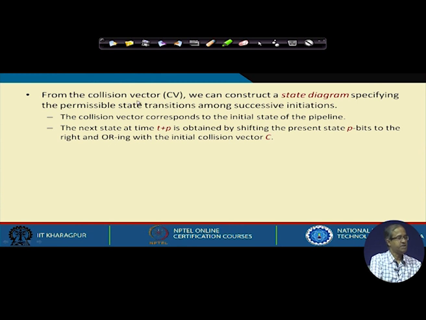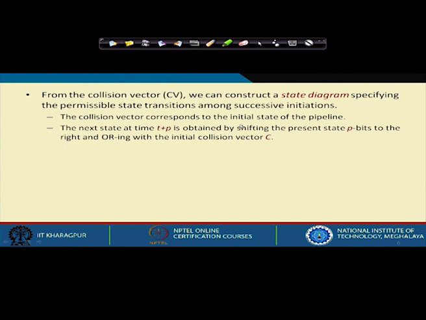Now, from the collision vector we construct a state diagram, where we define the states as the status of collisions at a particular point in time. That means, which time gaps or latencies can result in a collision at that point in time. That is one state, and the state transition diagram can contain multiple states.